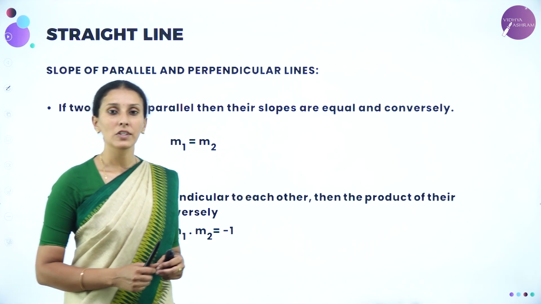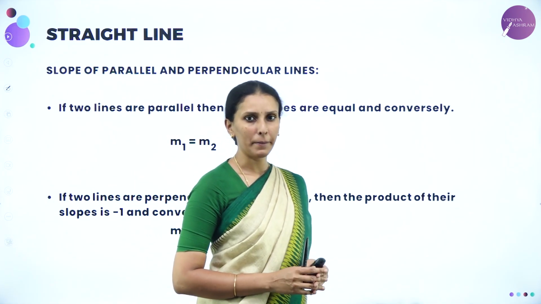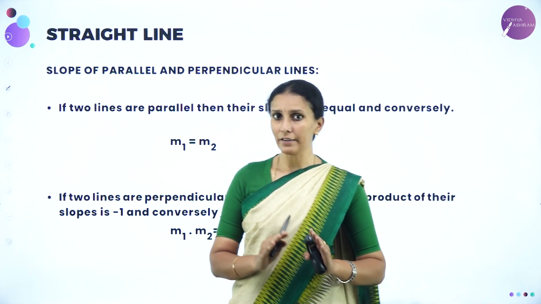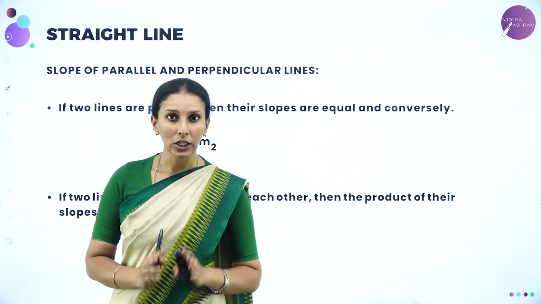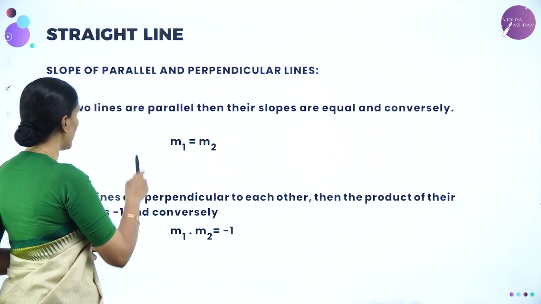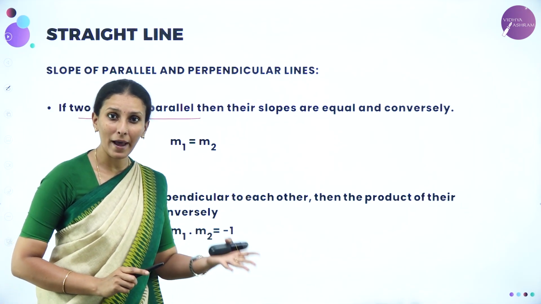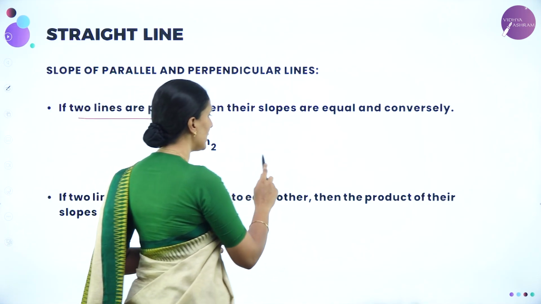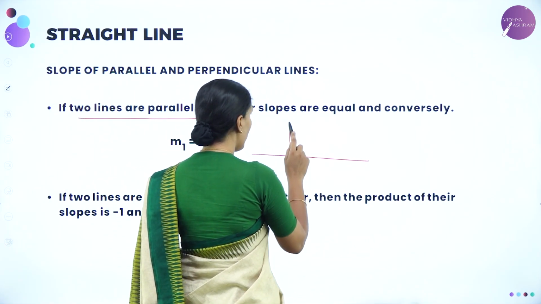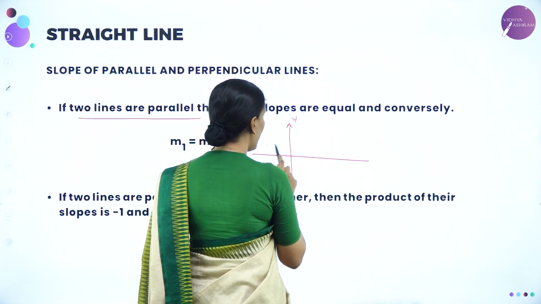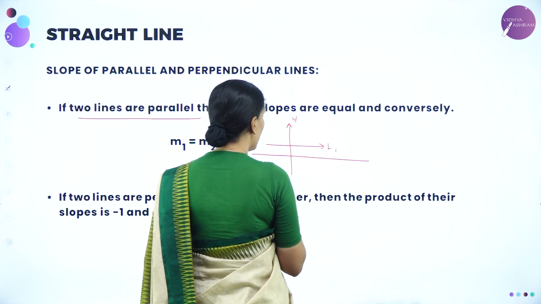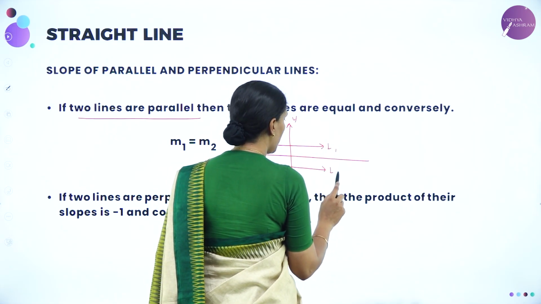Next, we talk about the slope of parallel lines and perpendicular lines. Other than the x and y axis, suppose we consider two lines parallel to each other. So, any lines parallel to each other means obviously both are parallel to the x-axis. Now, consider this is your x-axis and this is your y-axis. Let me consider this line L1 and one more line L2.